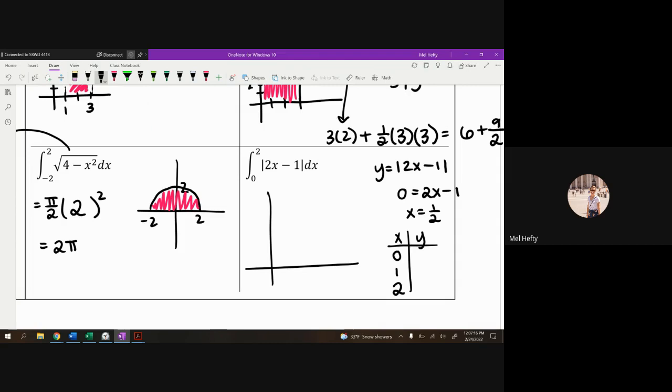If I plug in 0, I'm getting the absolute value of -1, which is 1. For 1, I would just get the absolute value of +1. Notice that that 1/2 between there is going to be on the x-axis, and then 2 times 2 minus 1, that's 3. So you can always get yourself a little bit more information that way.